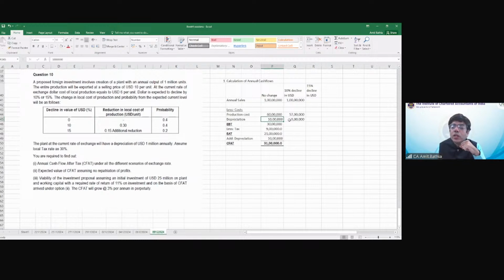Say for example, for your easy understanding, the exchange rate was 70 rupees to the dollar. The dollar is depreciating by 10%, so the exchange value becomes 70 into 0.9. Am I right?